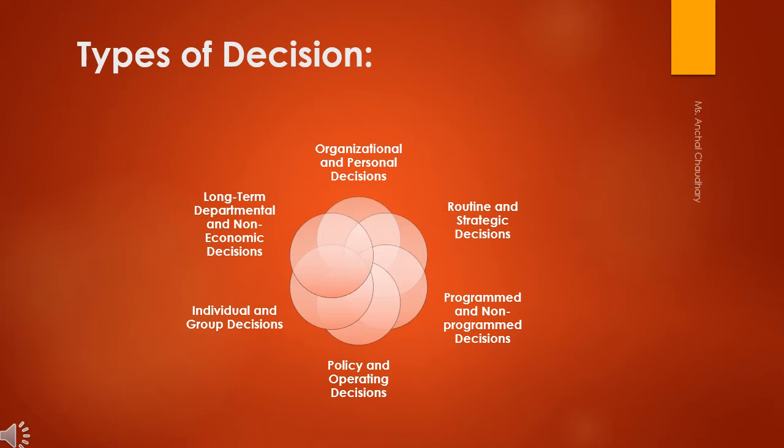When a decision has been taken by a person as an executive of an organization, such a decision may be considered an organizational decision. The impact of such a decision can be felt on the working of the entire organization.